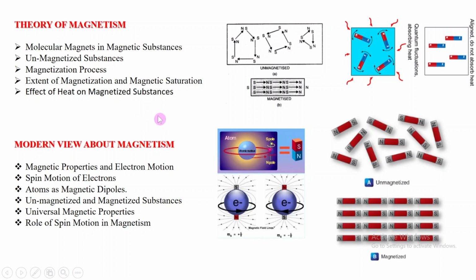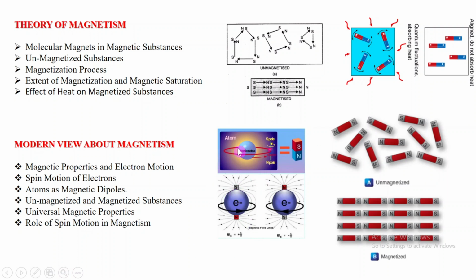If we heat this magnetized substance, it will lose its magnetic property, meaning the kinetic energy of each molecular magnet will increase, so that some of the molecular magnets will cancel the effect of each other, and overall the magnetic property of the magnetic material will be lost due to the external heat.